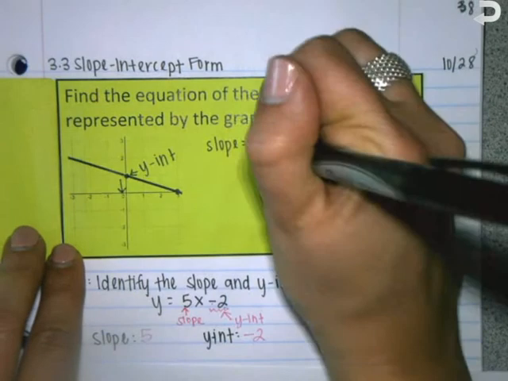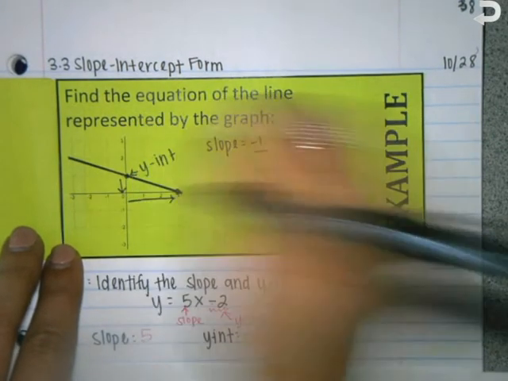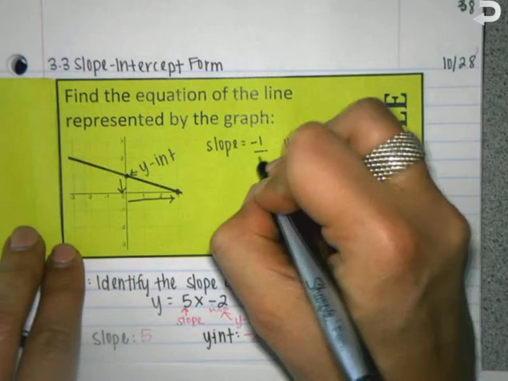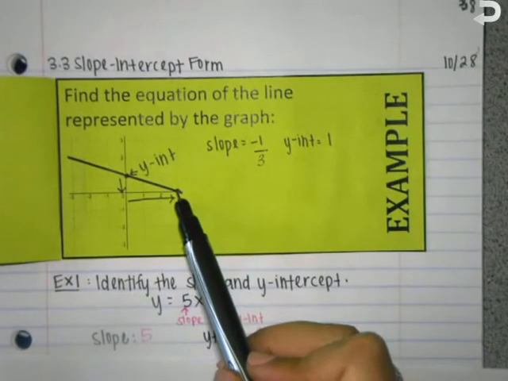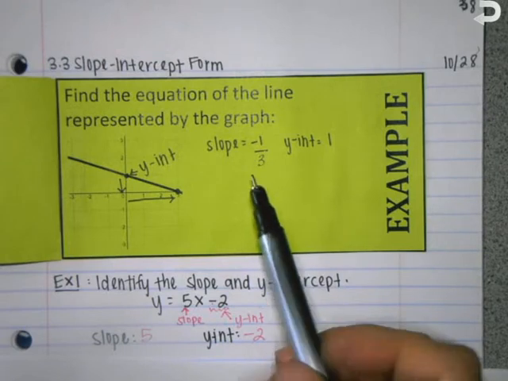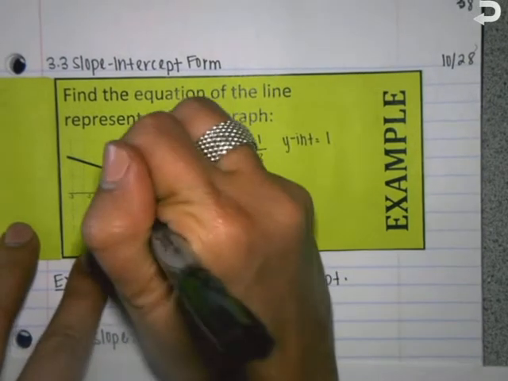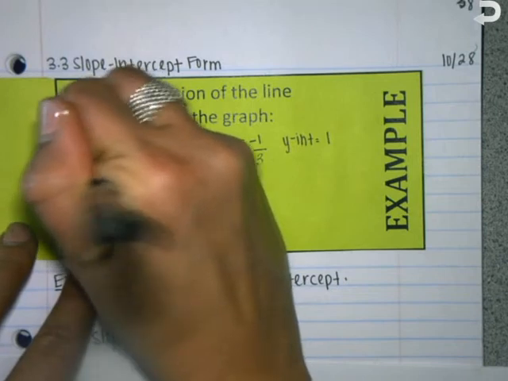Negative 1 over, what is my run? Positive 3. If I had gone the other way and went up 1 and left 3, would I still have gotten negative 1/3? Yeah. So my run was 3, my rise was negative 1.